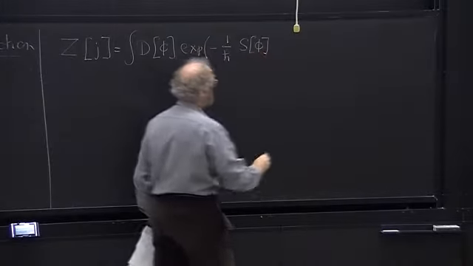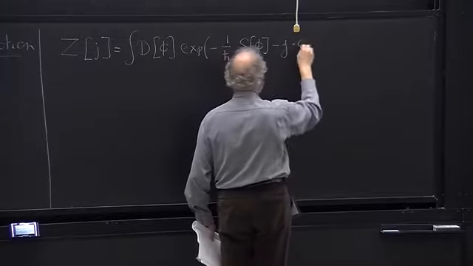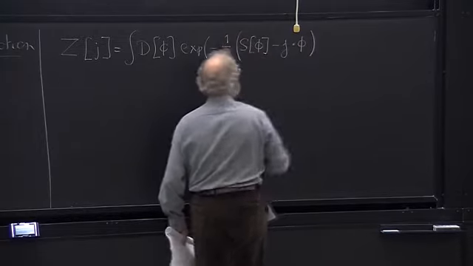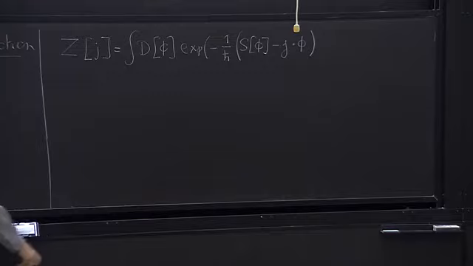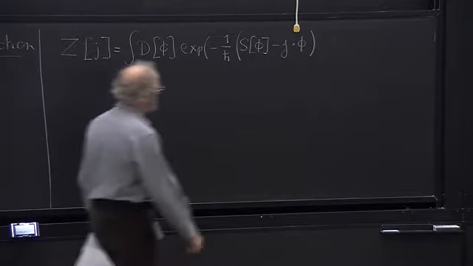This is the classical action we use, and then we have a G dot phi, where G is a source term.